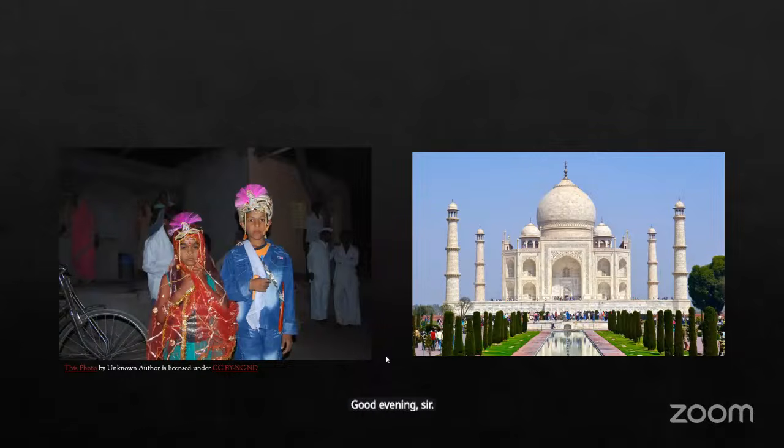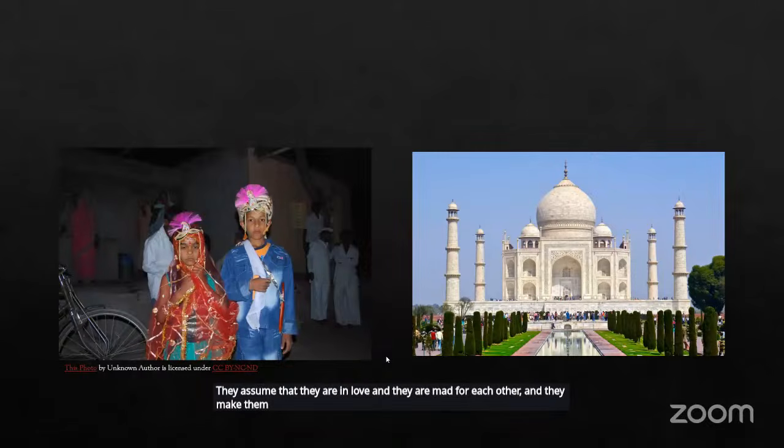Sir, by seeing these two pictures, I'm creating a simple summarized story. In this generation, people at a young age are falling in love because they don't know the importance of balancing each other, and they assume that they are in love and mad for each other, and they make themselves the best couple by having simple gestures.